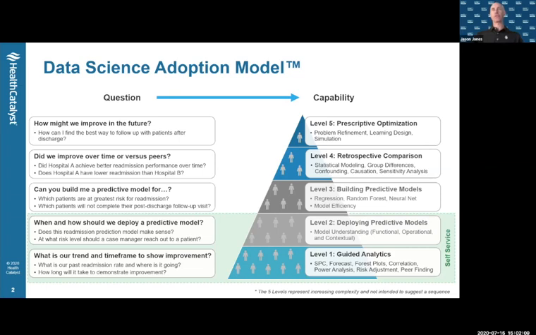And the part that we're going to spend most of the time on today is that sort of gray or green rectangle section, and specifically the guided analytics section. And within guided analytics, we're trying to make it easier for you to leverage the tools that we use every day and that I wished when I was at Kaiser Permanente I could just buy off the market and they would be easier to deploy across all of our users.